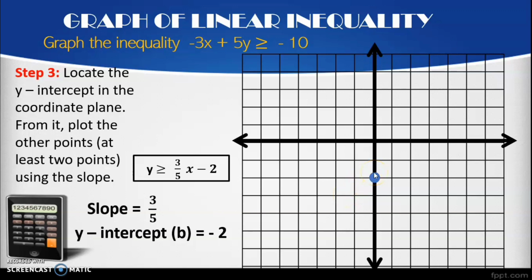So, 3 units going up the rise, 1, 2, 3. Then, our run is 5. So, since this is a positive 5, we will move 5 units to the right. 1, 2, 3, 4, and 5. So, here is our second point.